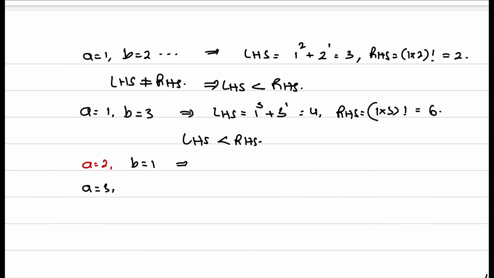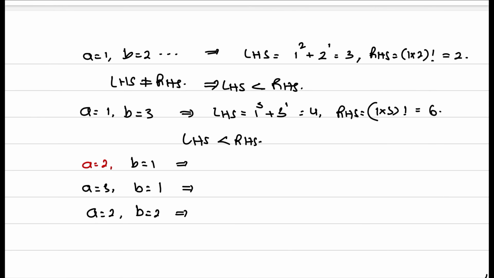a is equal to 3, b is equal to 1. The same as above. That means a is equal to 2, b is equal to 2.